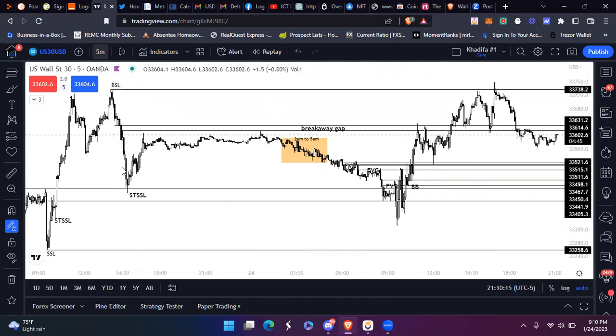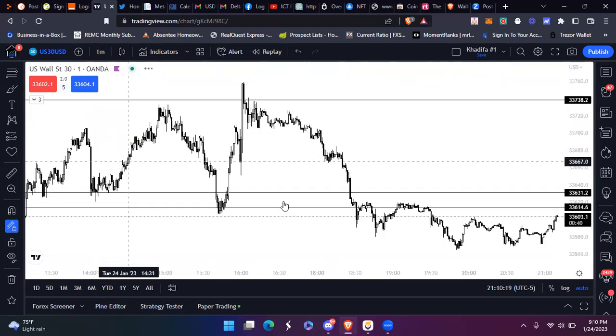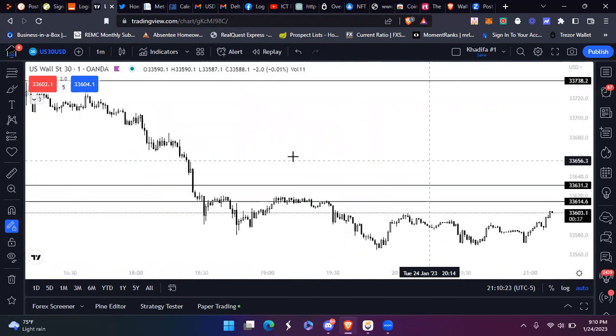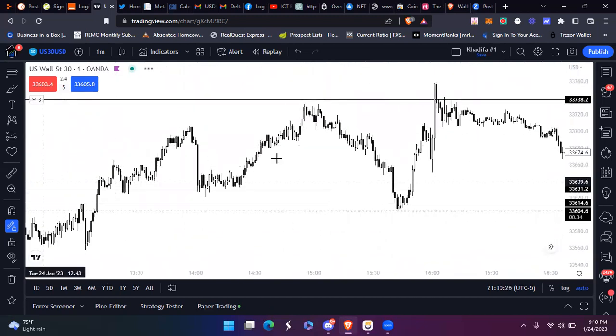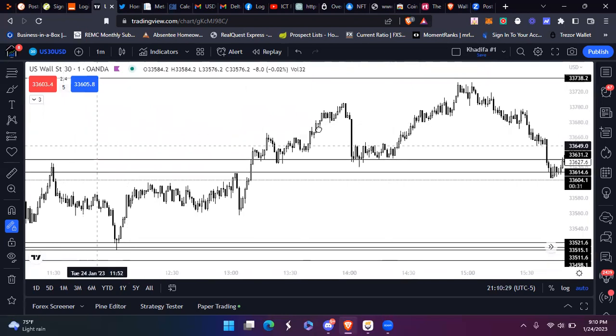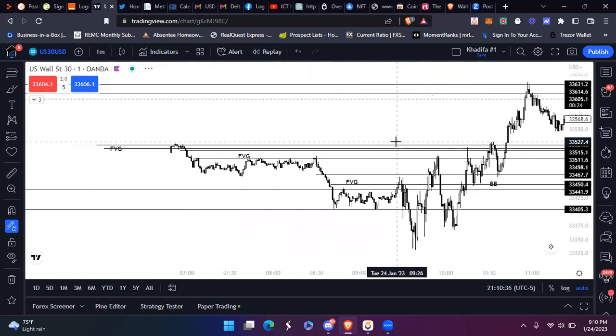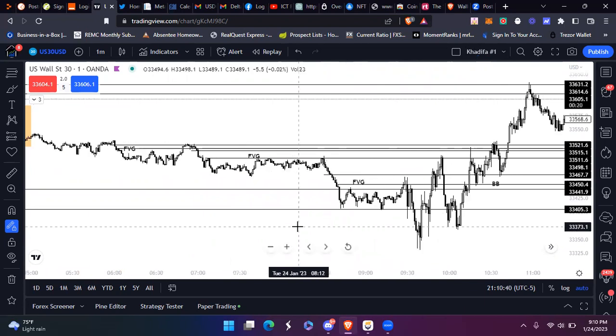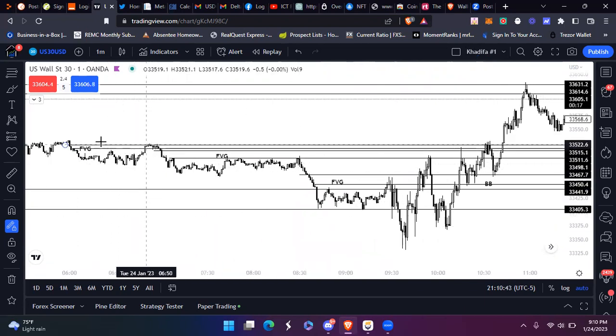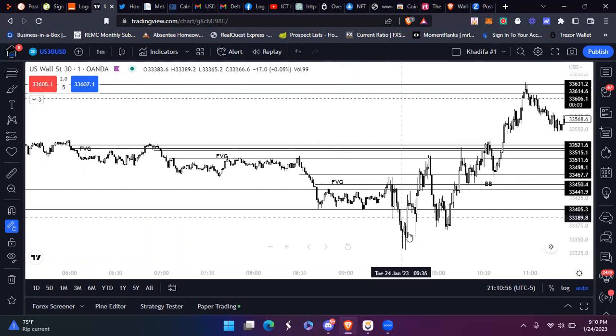And as you can see, if we break it down to the minute time frame, you kind of see all those plays a little better that played out. 1, 2, 3, with this being the final TP from here to here.